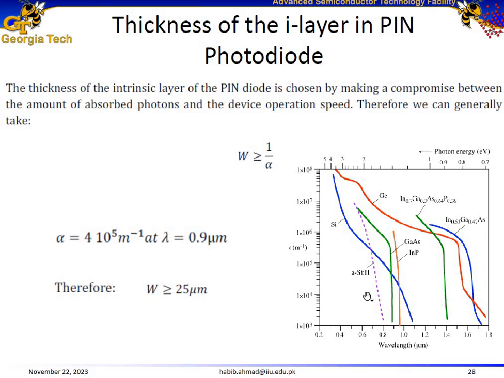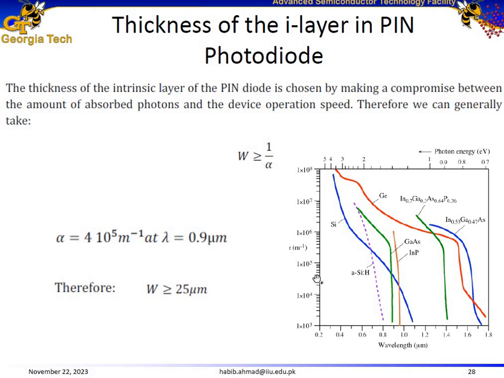So the design parameter, the width of the I layer in a PIN photodetector, actually depends on the wavelength of the incoming light. For example, if the wavelength of the incoming light is 0.9 micrometers, the corresponding absorption coefficient is approximately 5 times 10 to the power of 4.